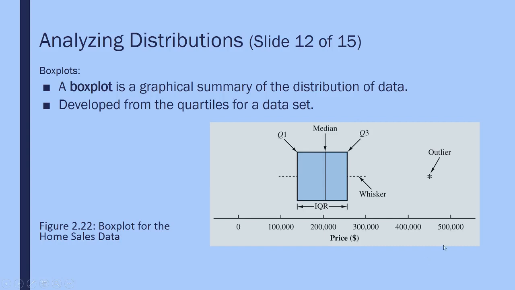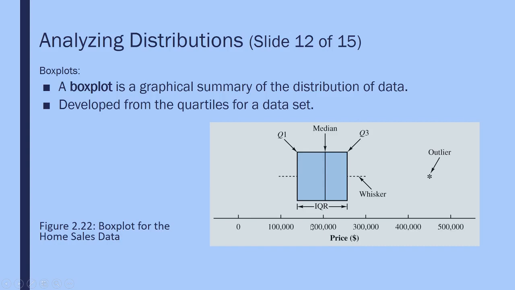Data outside these limits are considered outliers, just like this one. If the data is here, it is considered an outlier. And we have here the dashed lines, and they are called the whiskers.